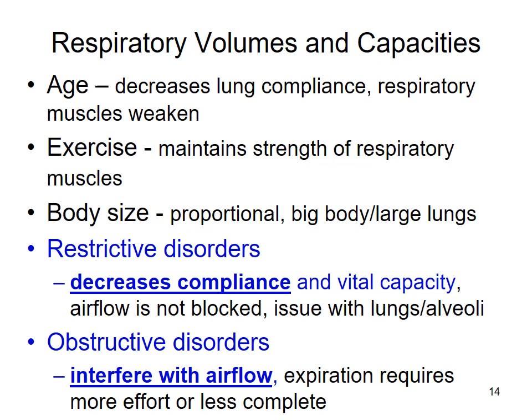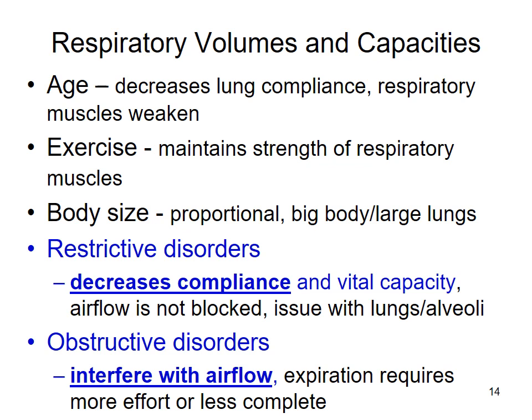However, when it's time to actually get into the lungs and into the alveoli, usually we see that there are some clinical applications or some abnormalities.